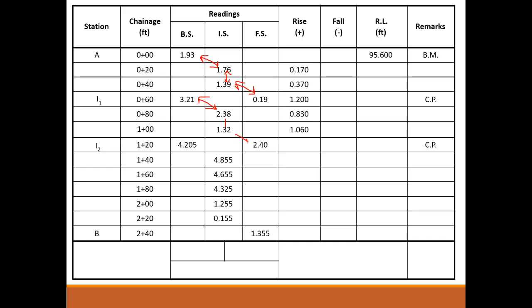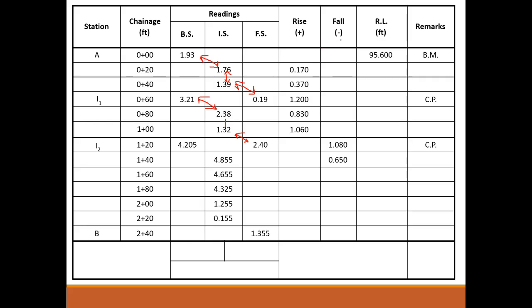rise. When we take the difference between intermediate and foresight, 1.32 and 2.40, it will give you the answer in minus value, minus 1.080. So rather than mentioning the minus sign with this value, we just enter it with the positive sign in the fall column.